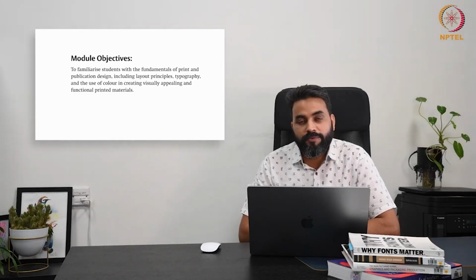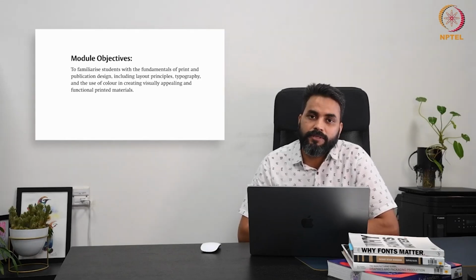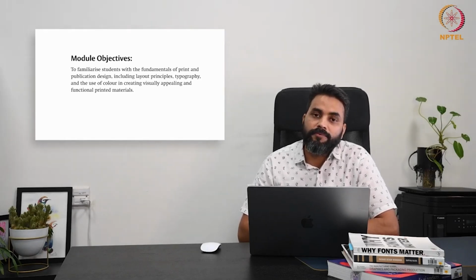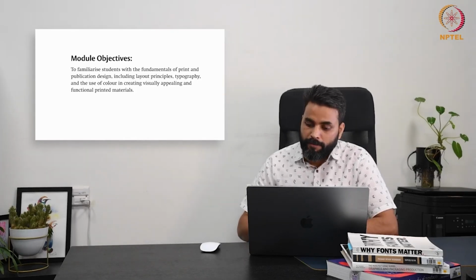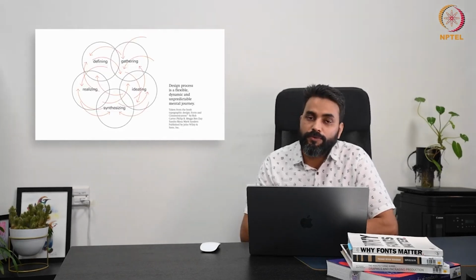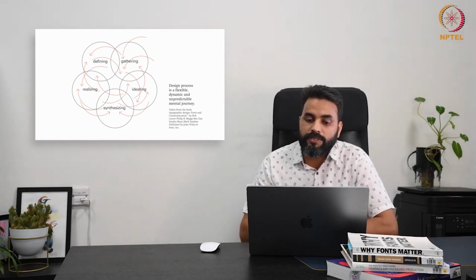Typography, for example, is a very integral part of print and publication design, and if you remember, we discussed this in detail during our session on typography. But before we move ahead, though we have discussed the design process earlier as well, let us again look into the design process to understand how it works.